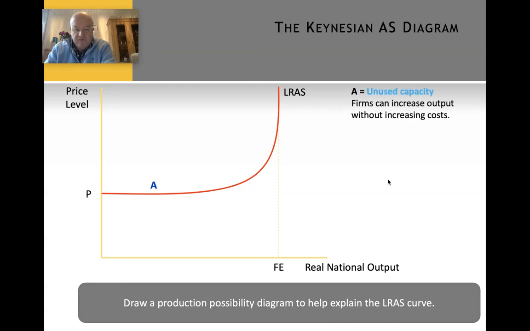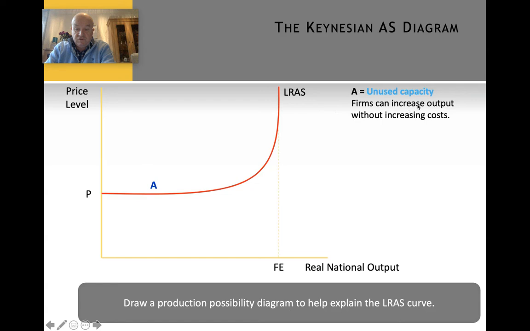So if we assume that our Keynesian AS diagram holds good, so we've got price at P, and then we've got the LRAS becoming vertical at full employment, there is an argument that if the economy is performing at A, you can see at A we've got unused capacity.